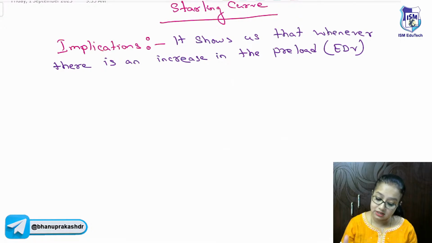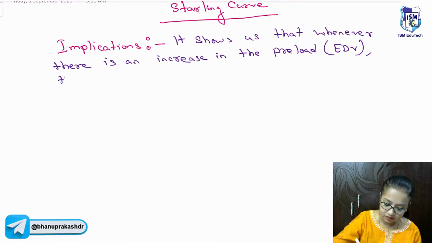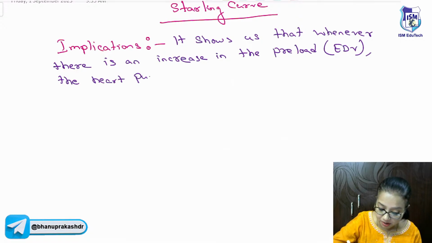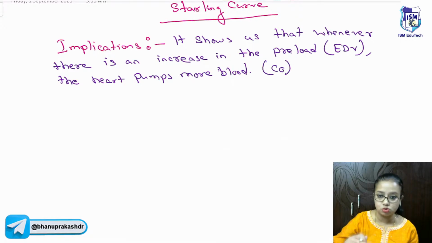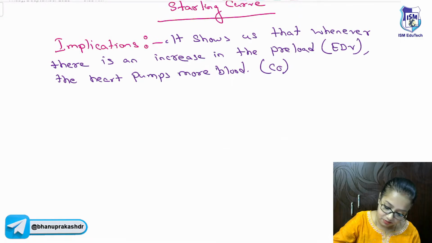So whenever there is increase in the preload, very simply we can remember the heart pumps more blood. That is our cardiac output. Stroke volume, then cardiac output. This is the first thing it says.